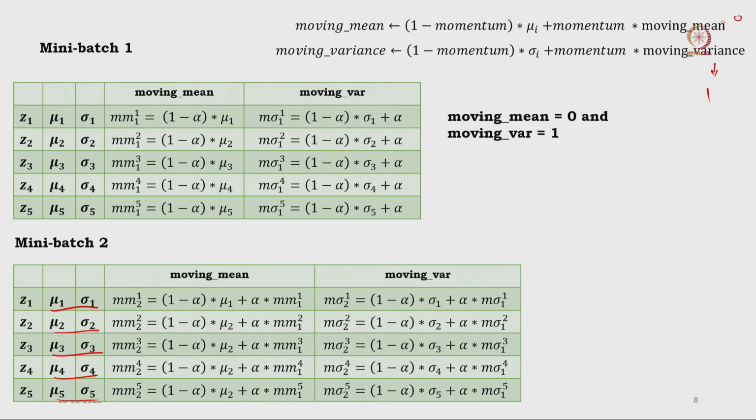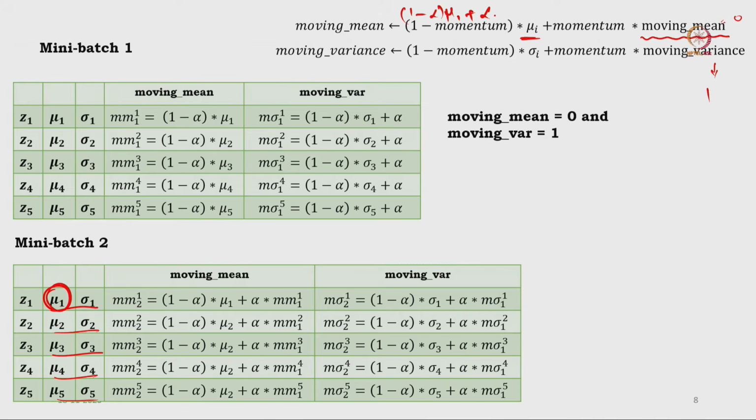Now, for the second mini batch also we should calculate moving mean and moving variance. So, you go back and substitute the values. It is 1 minus momentum, and this mu will be this value mu 1, plus we have momentum alpha. Now, what is the moving mean for the second mini batch? For the second mini batch, you have to use the first mini batch's associated moving mean.